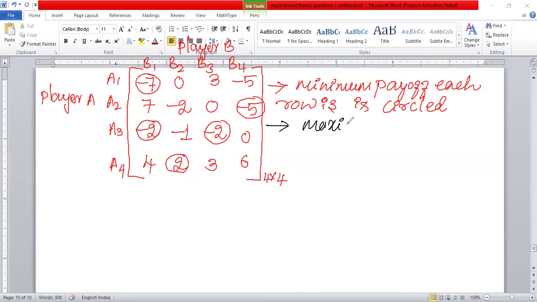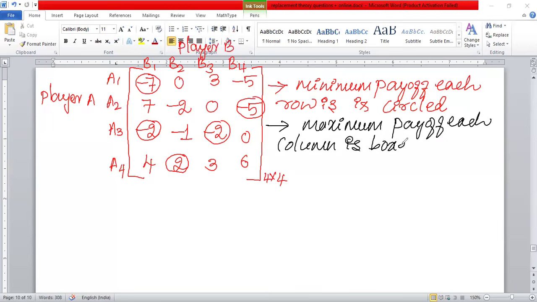Now next, maximum payoff of each column is boxed. Every column, whichever is the maximum number, you have to put a box. Here, 7. Here 2, sorry, 2. Maximum number here, 3, two times. And here, 6.